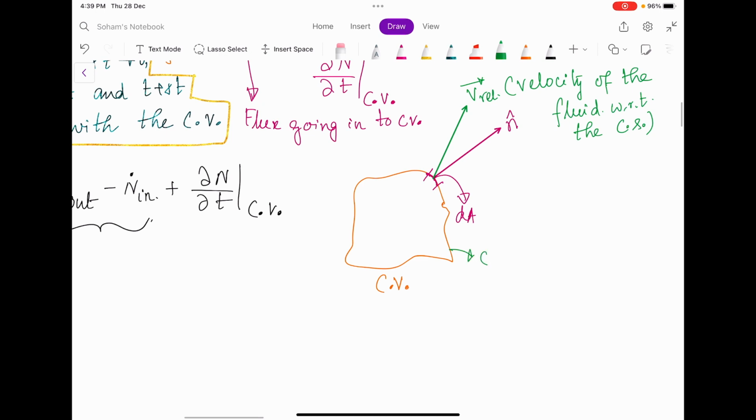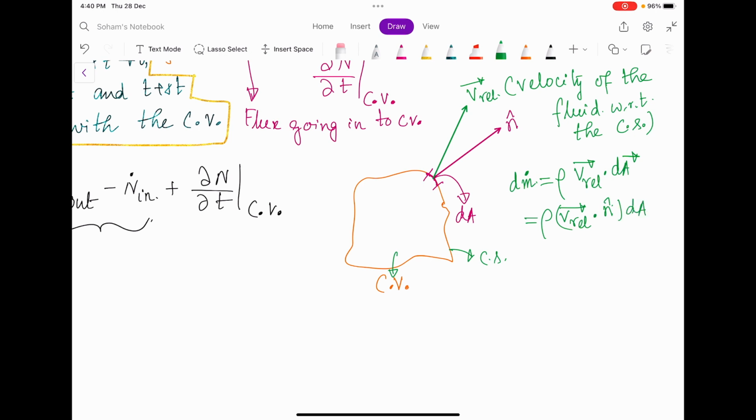Now, if we know this, what will be the mass flow rate? dm dot will be rho, the density of the fluid, times v relative dot dA vector, and the area vector is given by its magnitude dA and n cap, the area normal. So v dot n into dA.